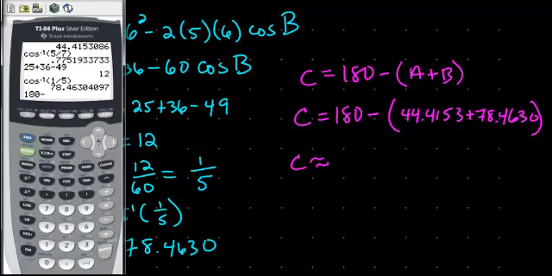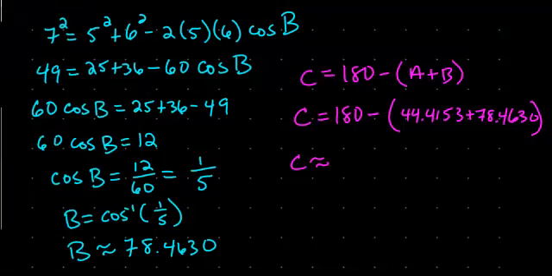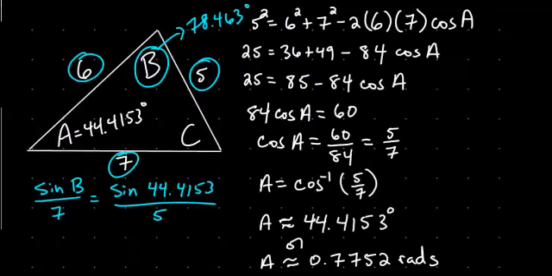Let me put my parentheses there: 180 minus 44.4153 plus 78.463. That gives me about 57.1217 degrees.